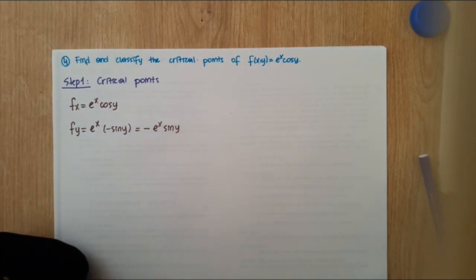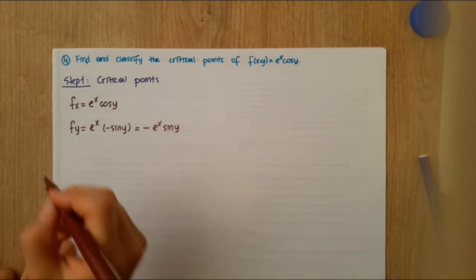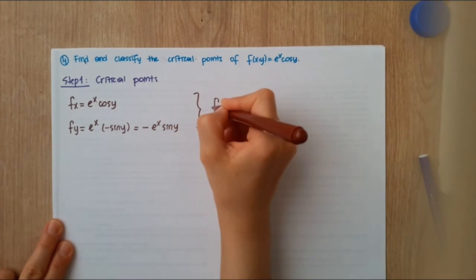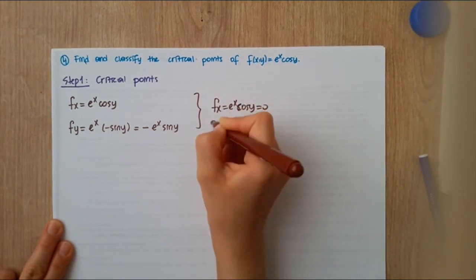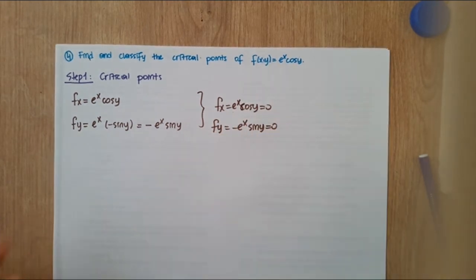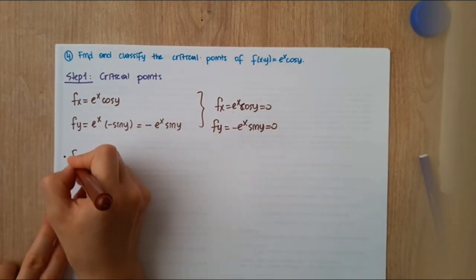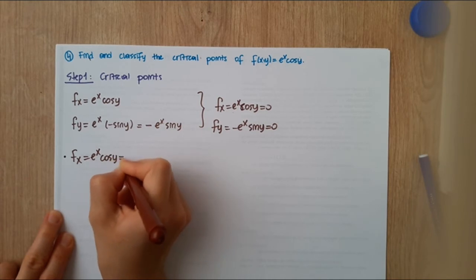So to obtain critical points, because we have two functions here defined at any point in the plane, it is enough to equate them to 0. So I have f sub x, e to the x cosine y, is 0, and f sub y, minus e to the x sine y, is 0. Let's look at the first equation: e to the x cosine y is 0.